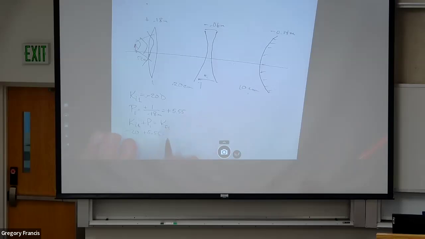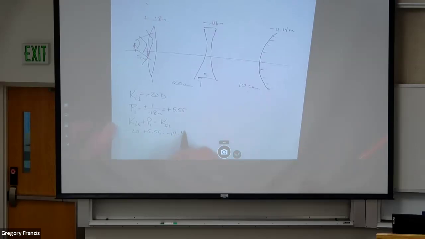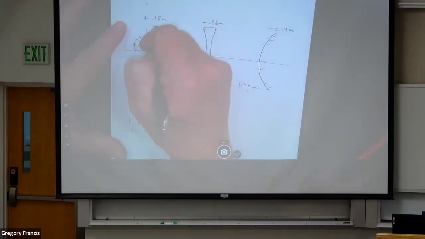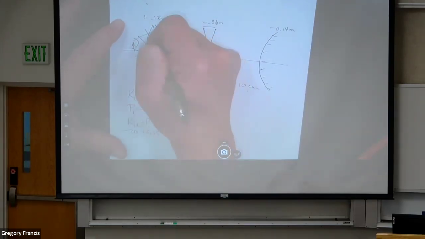And that's going to be negative 14 point something, 4 or 5. So the fact that it's negative means that I'm going to have something that's still spreading out.